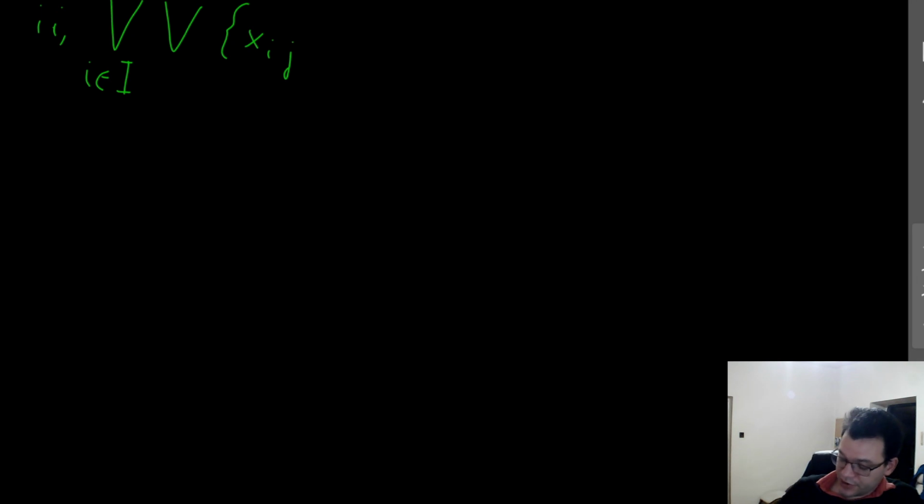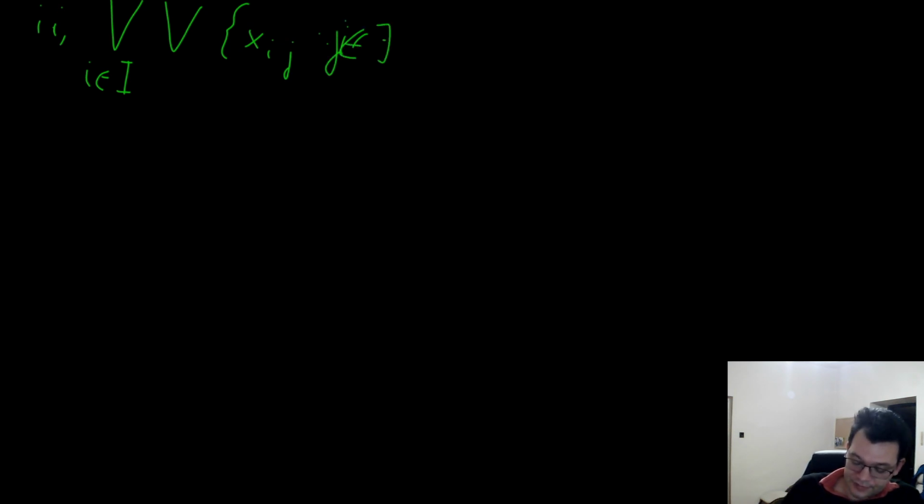So the second direction says that the supremum over i in I of the supremum of xij prime, since we don't have any more running indexes at this point, it can be j in J. I is already fixed at this point.